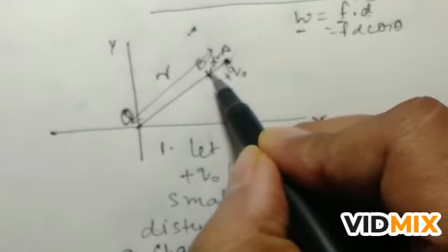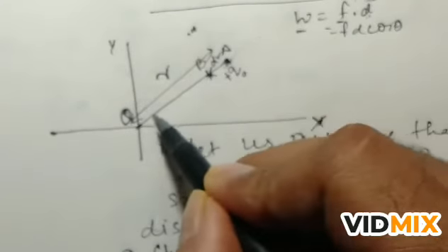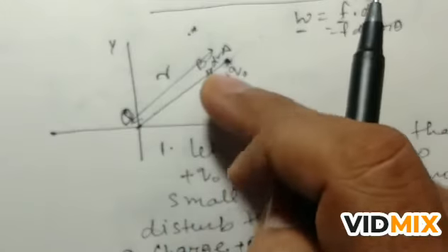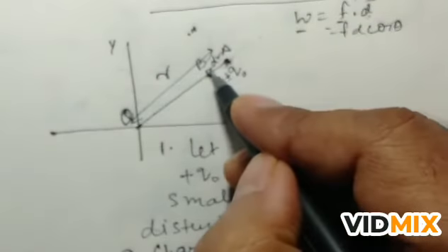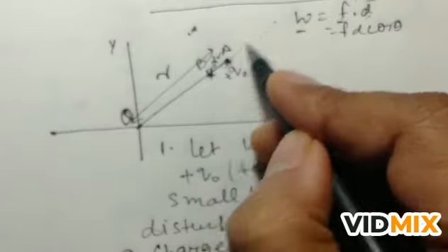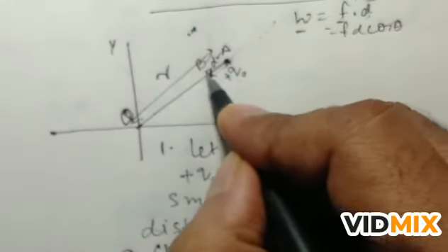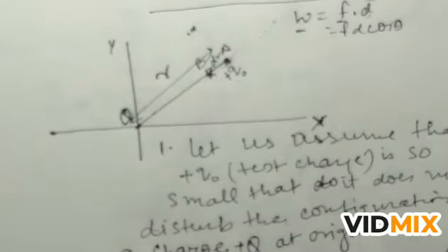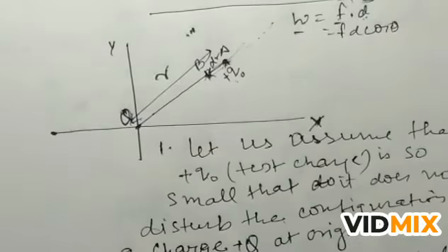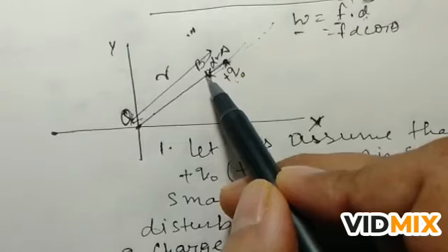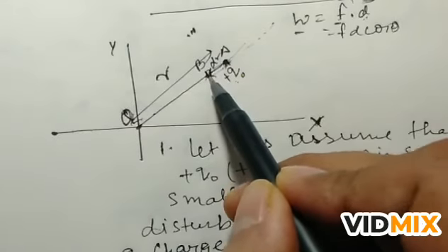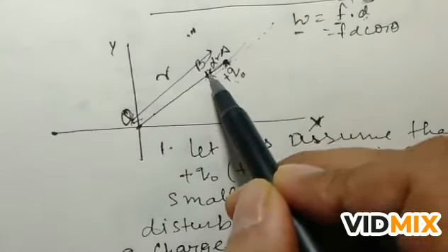Suppose you leave this charge here, what happens? The repulsive force will act on this charge, and it will move away from here. Moving away means whatever potential energy is stored here is converted into kinetic energy.